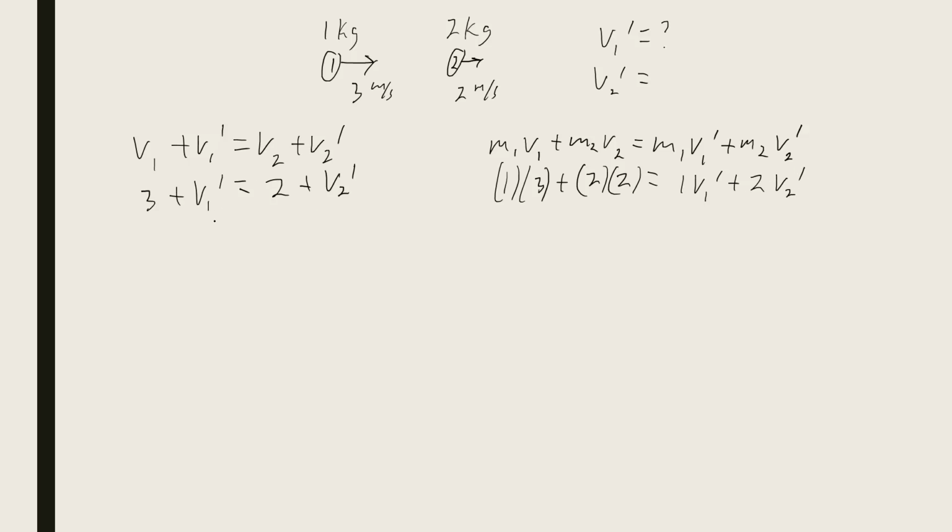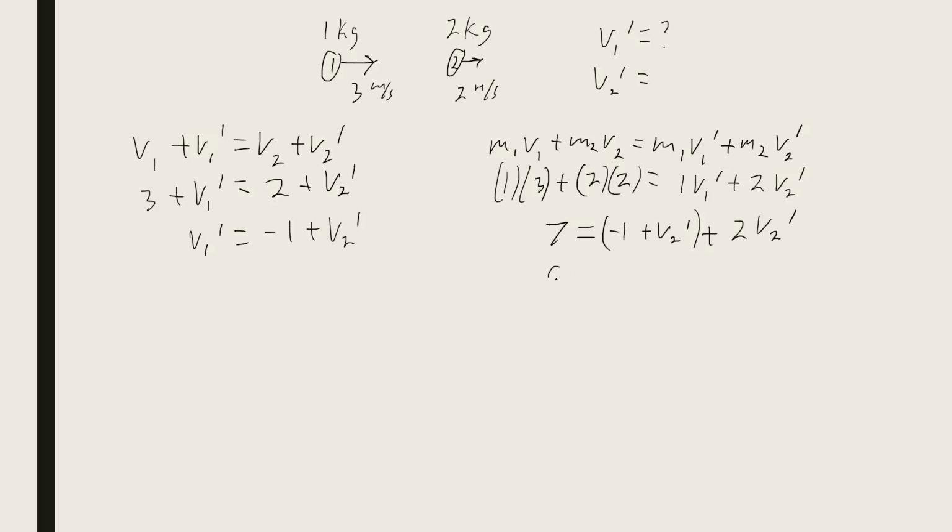And we can go ahead and solve this guy for v1 prime again and then substitute in over there. So v1 prime equals 2 minus 3, so that's going to be a minus 1 plus v2 prime. And then if we substitute that in over here, let's simplify things a bit. This is going to be a 3 and a 4, so we're going to have 7. 1 times v1 prime is going to be a negative 1 plus v2 prime plus 2 more v2 primes.